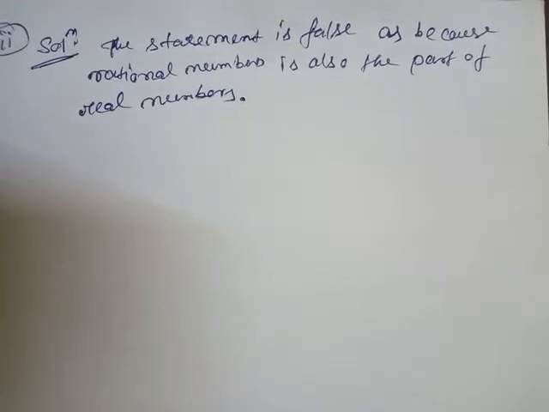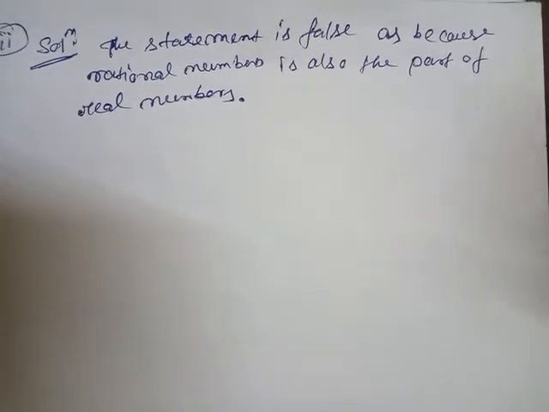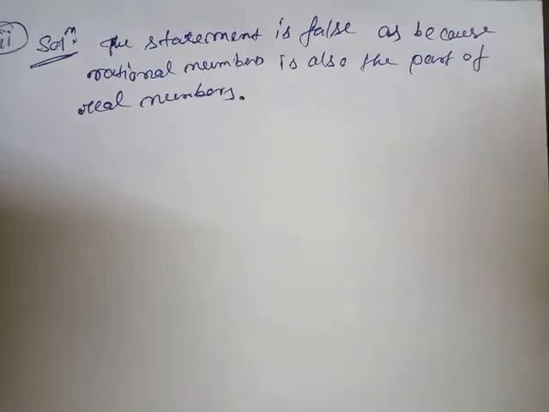In the question it is said that every real number is an irrational number. No, because the real number set is the collection of rational and irrational numbers. That's why we cannot say every real number is only rational or only irrational. That's why the statement is wrong.